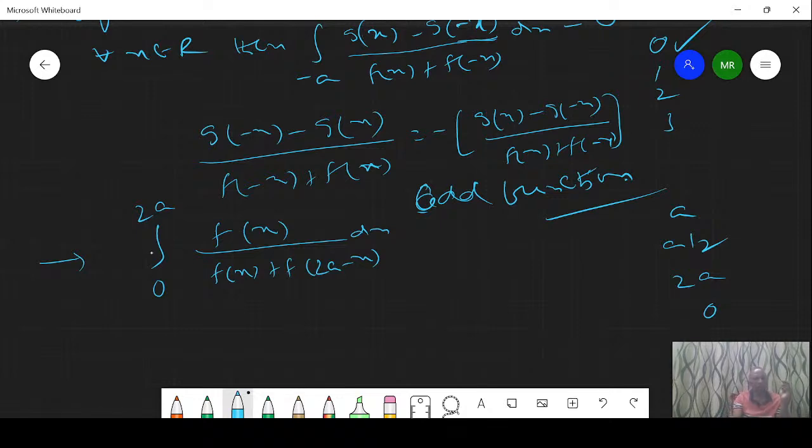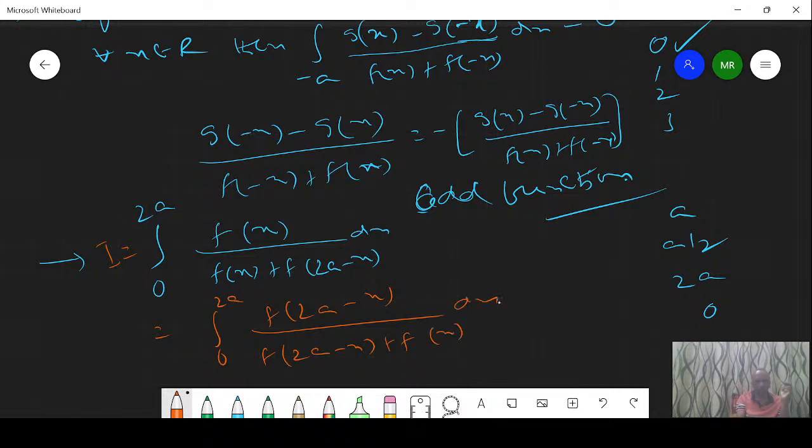Let this be I. You can consider I is equal to, replacing x with 2a minus x, integral 0 to 2a of f of 2a minus x by, in the place of x, 2a minus x, this will be f of x. So this is 1, this is 2. Then you can tell the answer immediately.